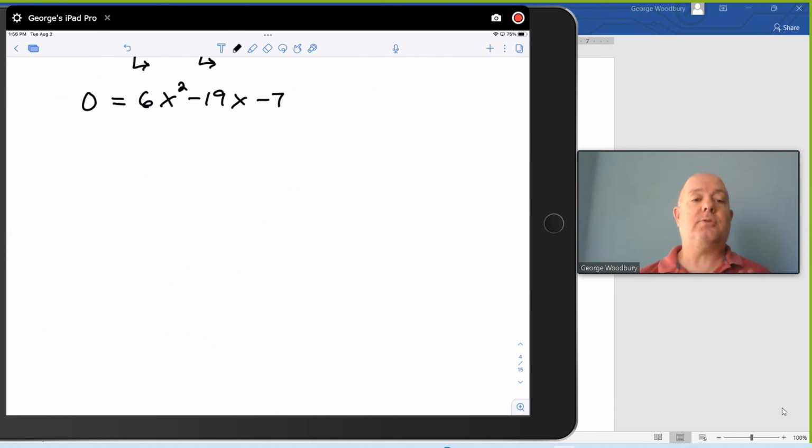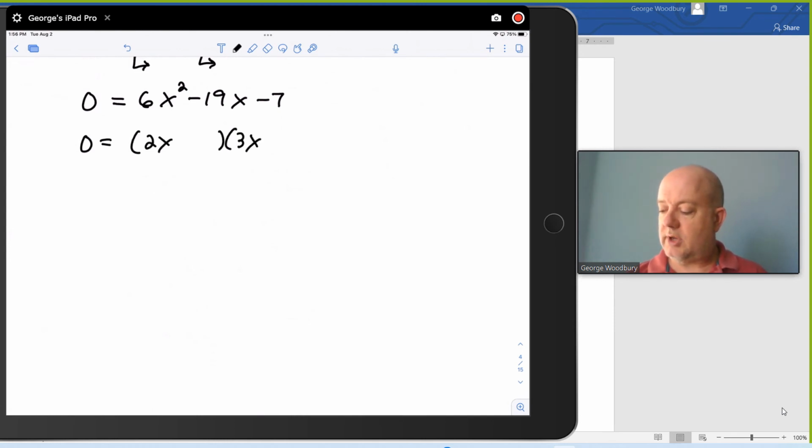This one factors to be, let's see, 2x plus 1 times 3x minus 7. So if I can factor it within a short amount of time, you might have the 5-second rule, the 10-second rule.